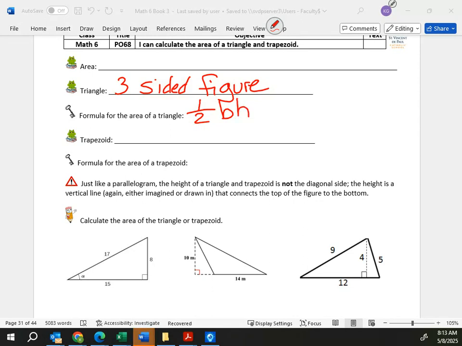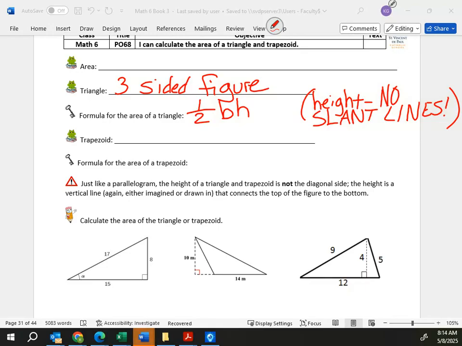So remember, the height, no slanty lines. No slants. So if the tip of our triangle comes out past it, we have to extend that base to make that right angle to be able to go up. So always, always, always the right angle is the height, just like with our parallelogram.